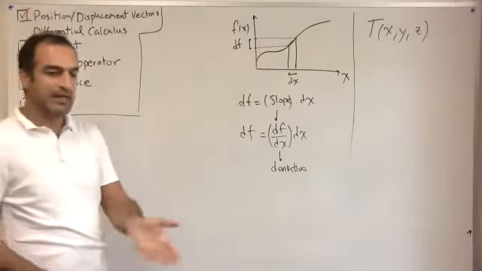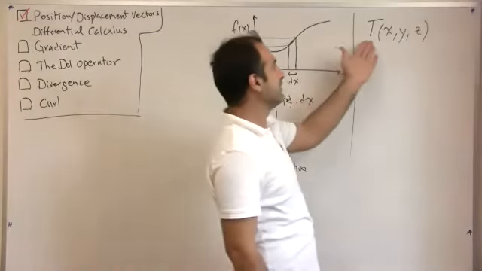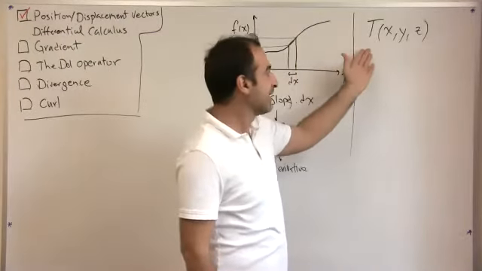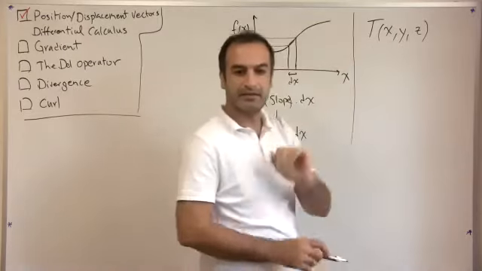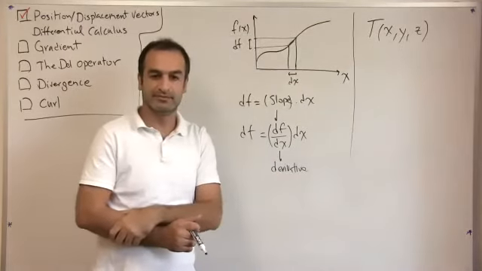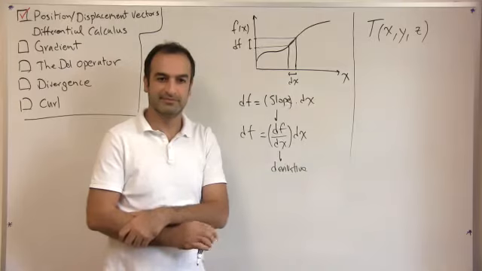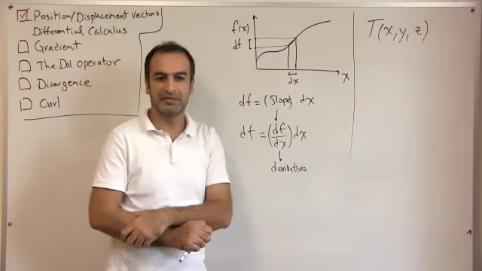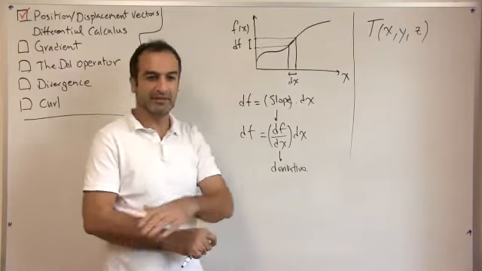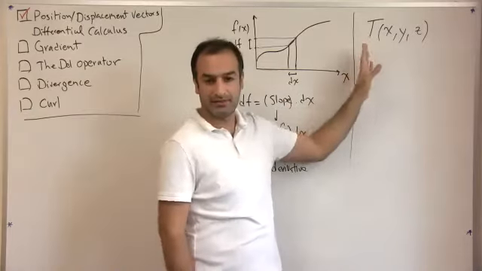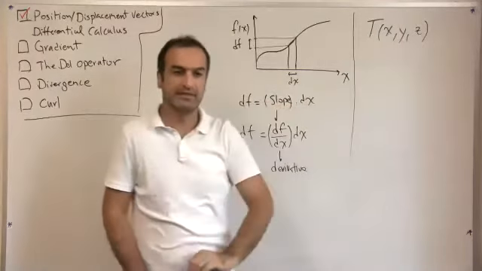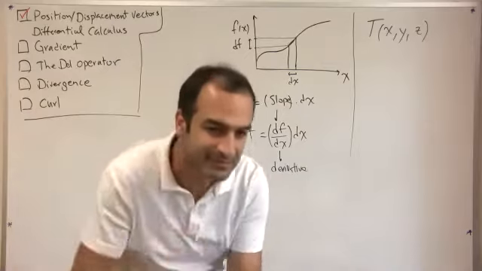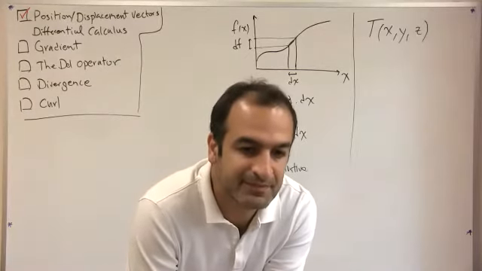So can you tell me one example of a function in physics that can be a function of 3 variables? Can you imagine anything? And by the way, this is a scalar function, right? It's not a vector. I guess the magnitude of a field.